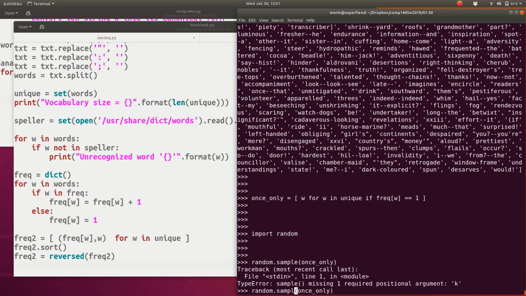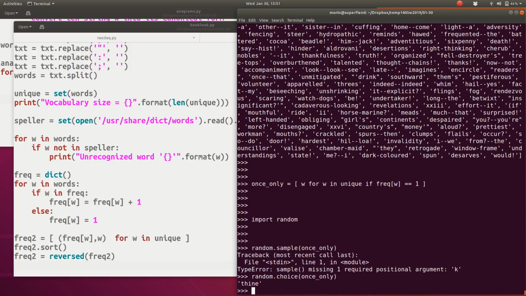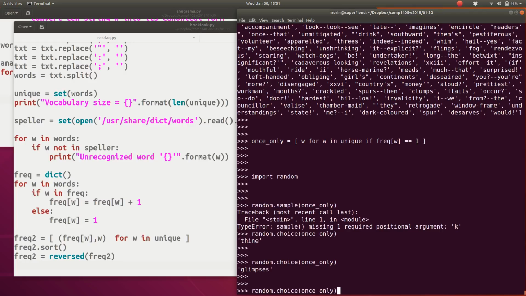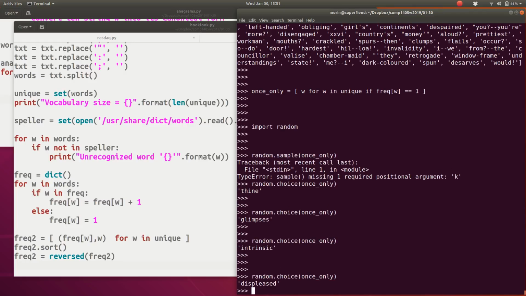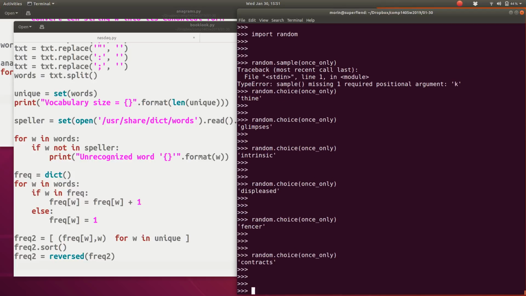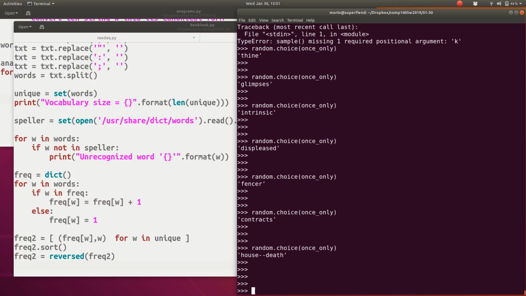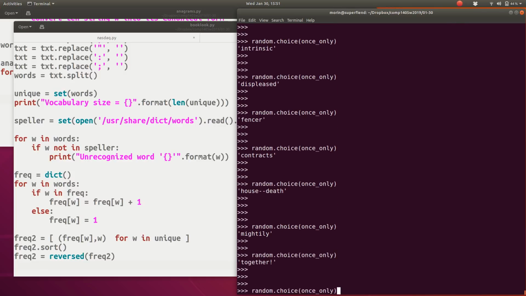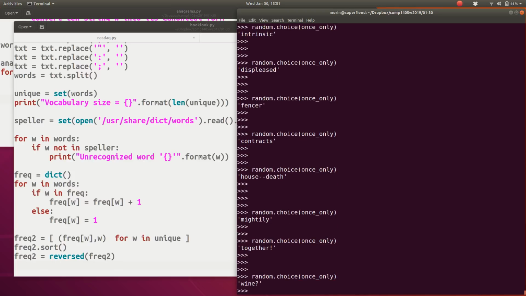Choice. Thine. That's an old word. Glimpses. Intrinsic. Displeased. Fencer. Contracts. That's not a sort of a miscontraction. Mightily, together with an exclamation point.